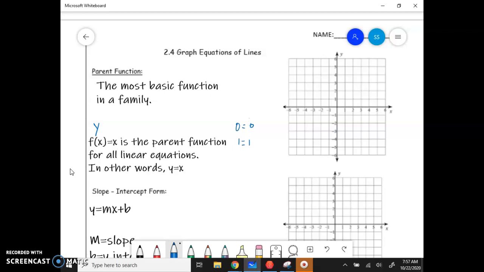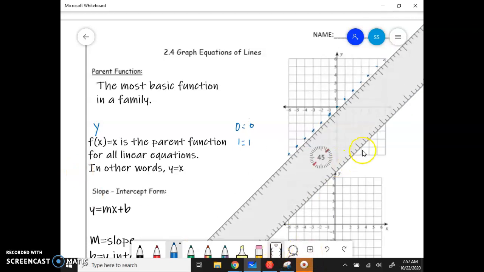Basically what that means is, when x is 0, y is 0. When x is 1, y is 1. When x is 2, y is 2. Do you see the pattern here? So this is just going to make a nice line like this. So I'll go ahead and draw this out.